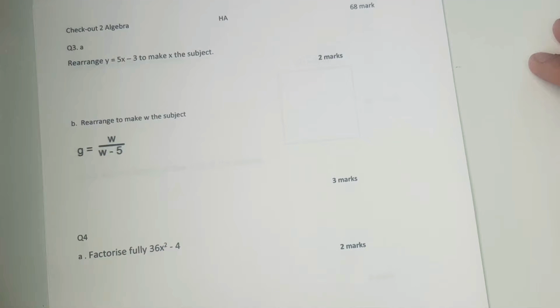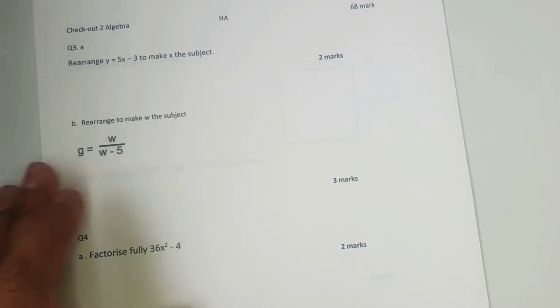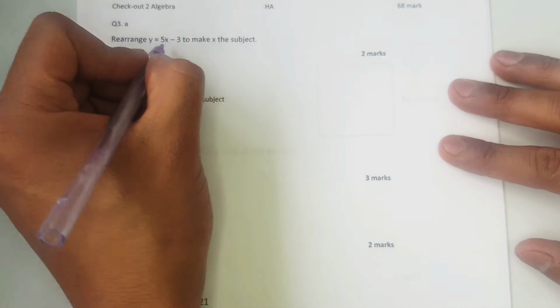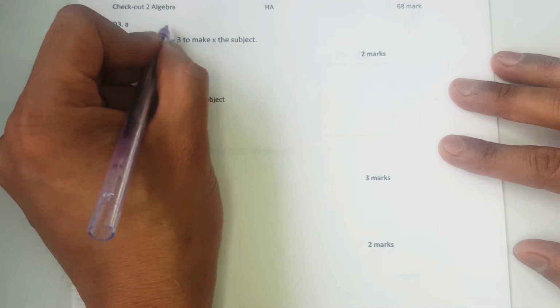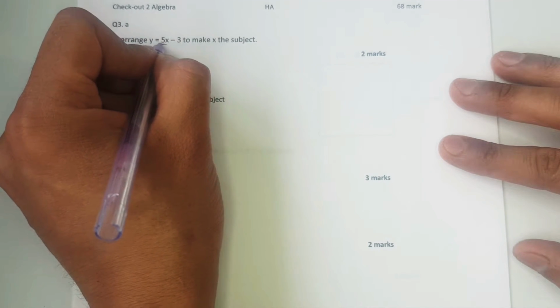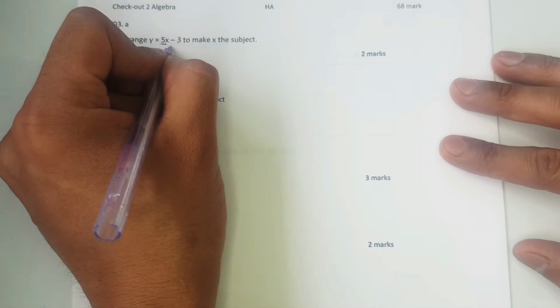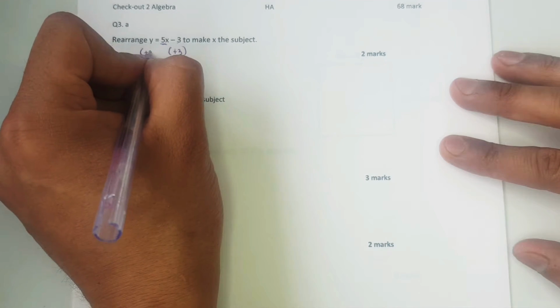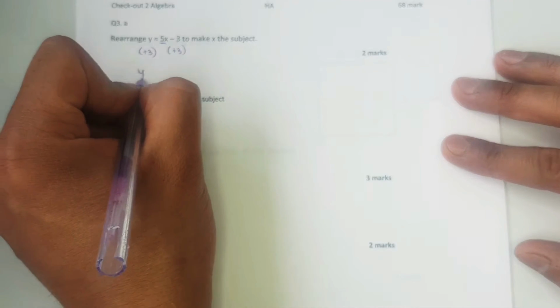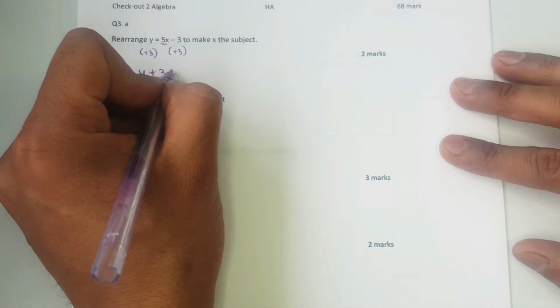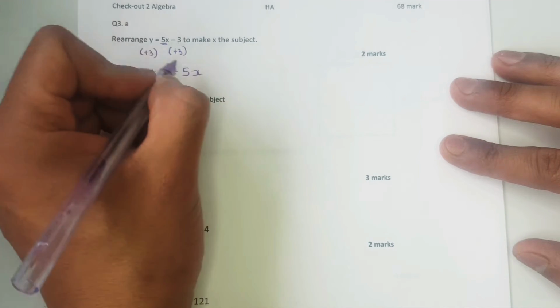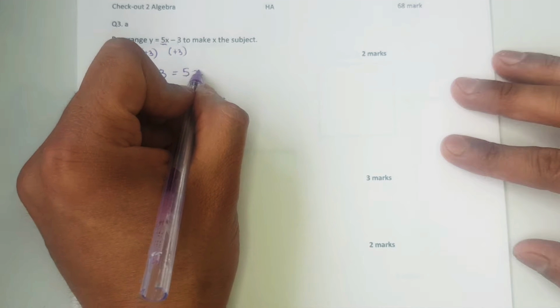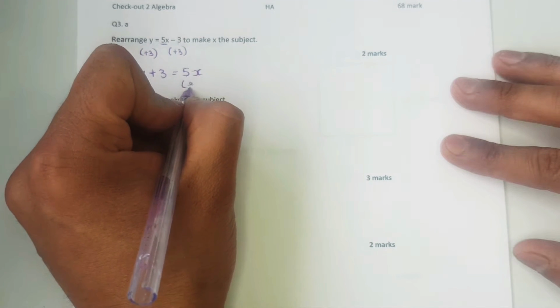Question 3 asks us to rearrange y equals 5x minus 3 to make x the subject. All we're going to do in this case is rearrange it to make it say x equals. At the moment we've got minus 3 there, so to remove that we add 3 to both sides. So you're left with y add 3 equals 5x. Then to get rid of this 5 times x, we divide both sides by 5.